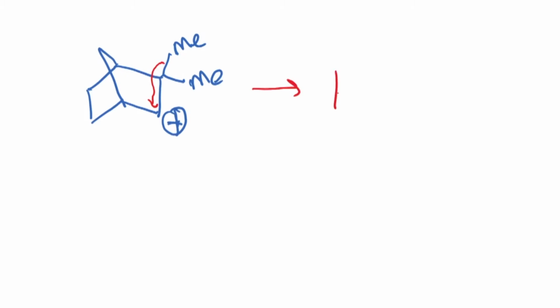So here is the carbocation again, methyl, methyl, and positive charge. And so what you can propose is that this methyl group migrates over here, and that results in the movement of the methyl group from one carbon to the other.